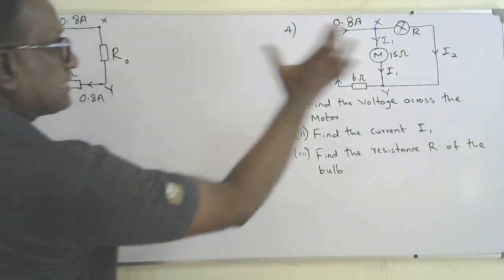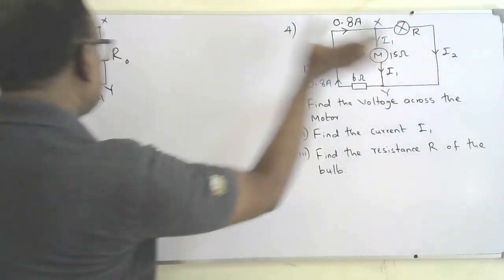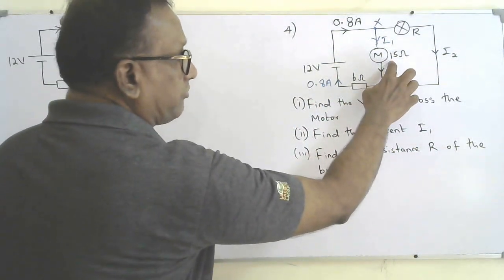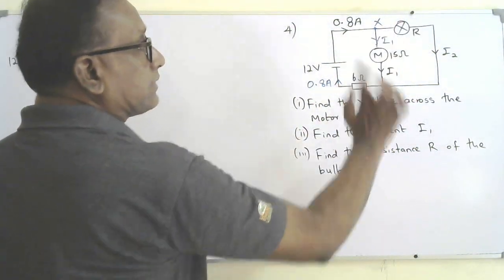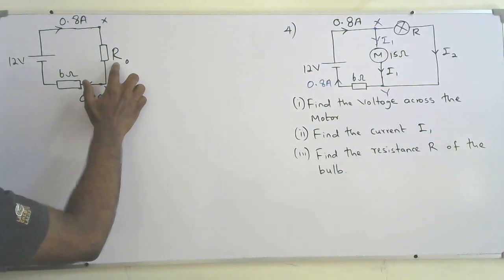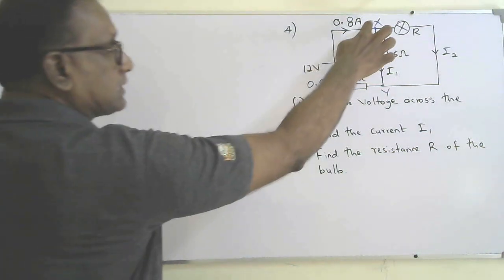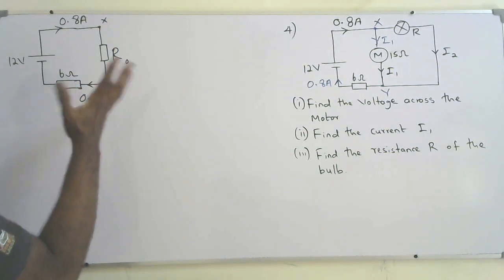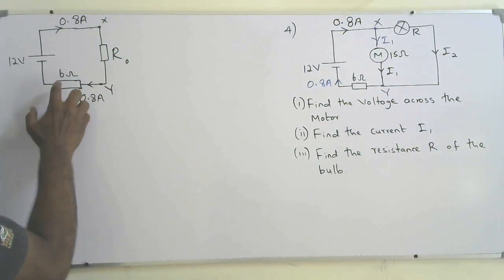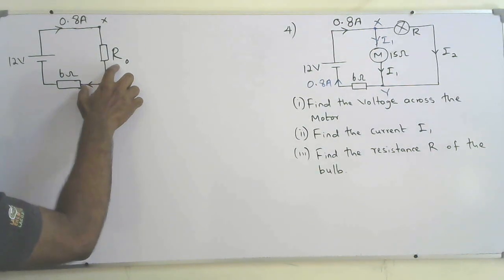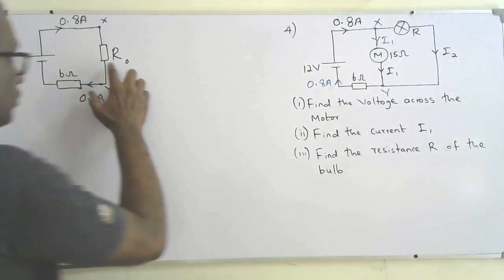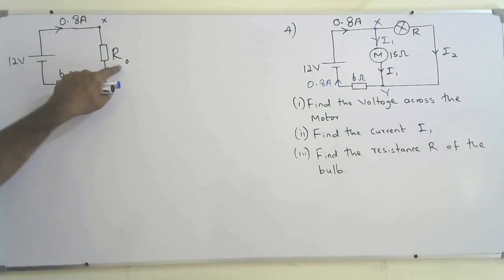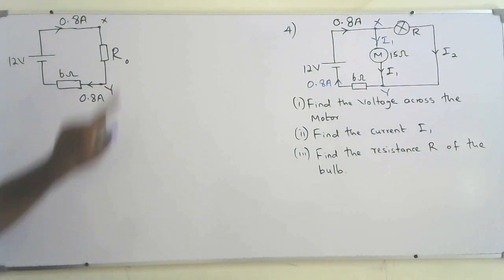I redrew this circuit like this. The only difference is the equivalent resistance of 15 ohms and R is replaced by R naught, and that is connected across the junction XY. After I connect it, you can see that there are no junctions or branches between the 6 ohm and R naught. Therefore, 6 ohm and R naught are in series, right?